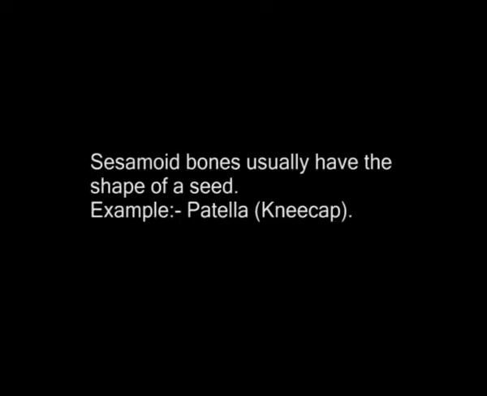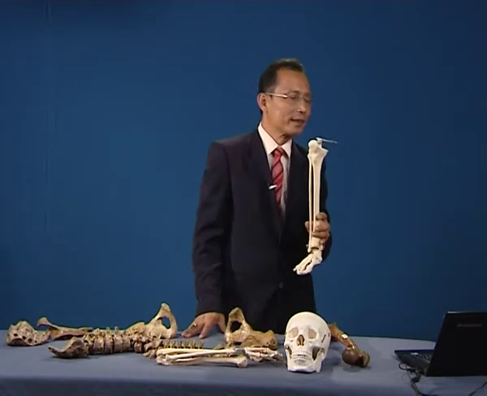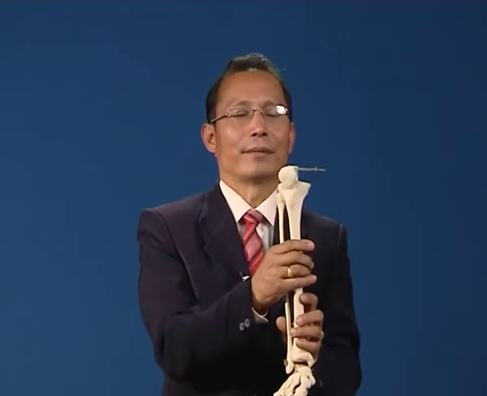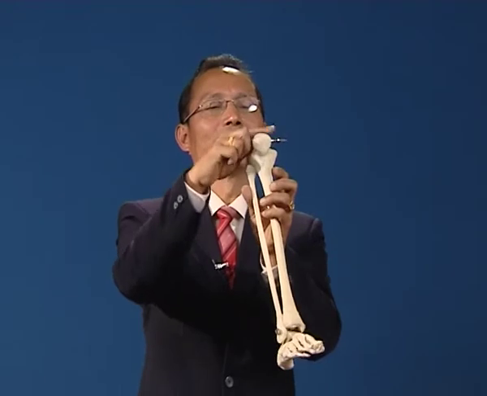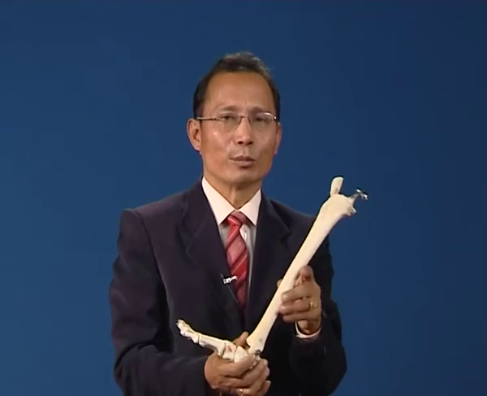Then we have another type of bone, the sesamoid bone. These usually have a shape resembling a sheet. So, sheet-shaped bones are known as sesamoid bones. This patella, kneecap, you can see, it's just like a sheet. So, these sheet-shaped bones are usually called sesamoid bones.